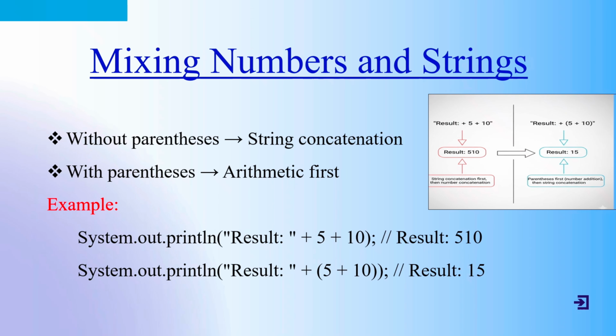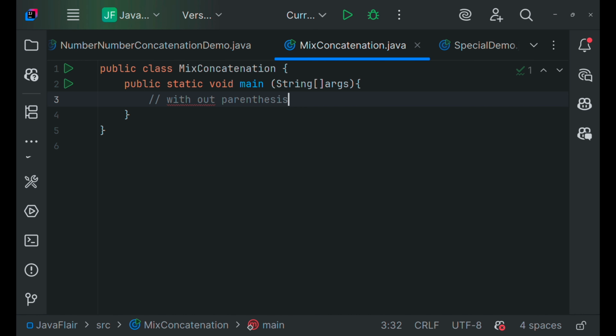Now let's try to understand what happens if we mix numbers and string values. This is the point where the majority of beginners get confused. So let us try to understand this. First, let us try to understand what happens without parentheses.